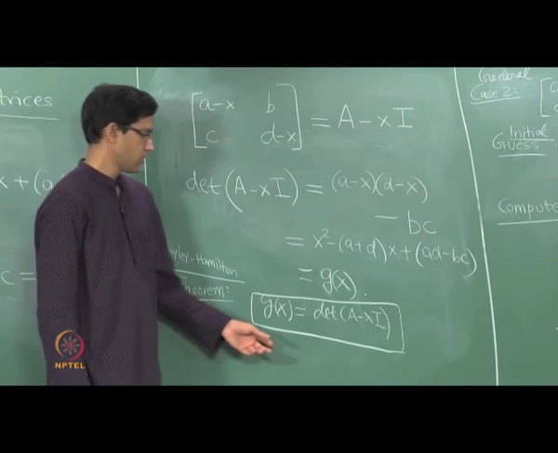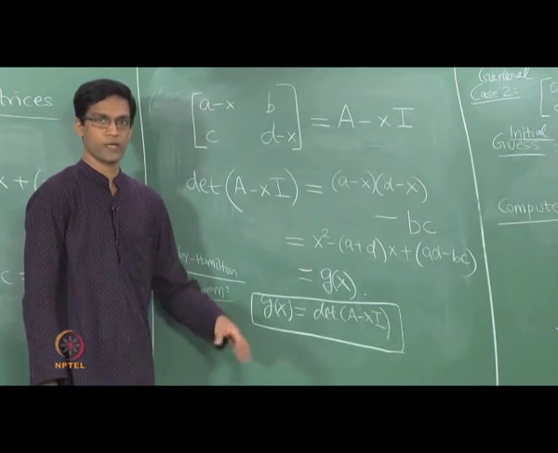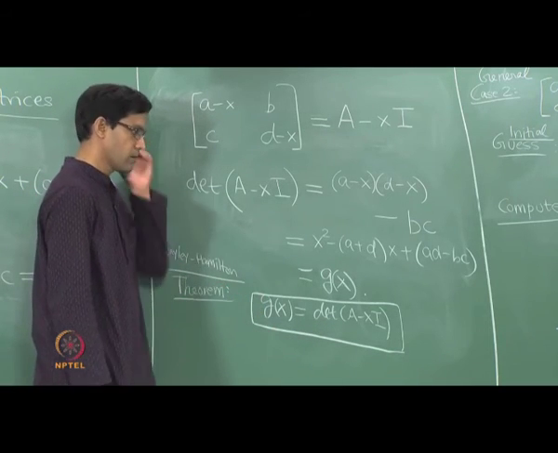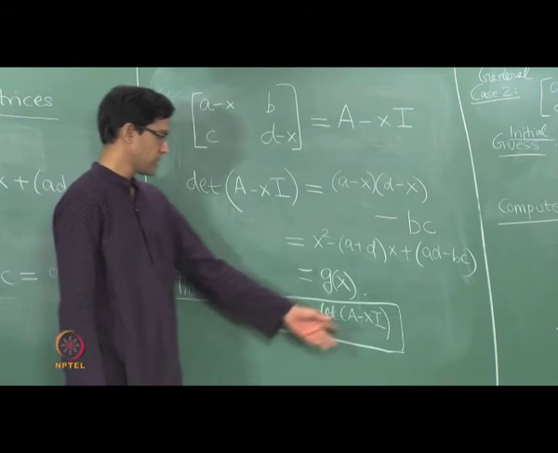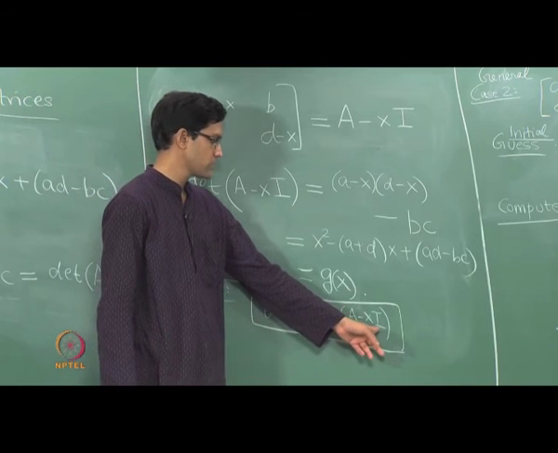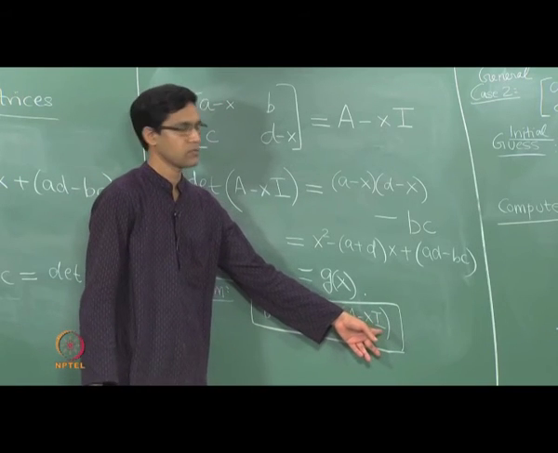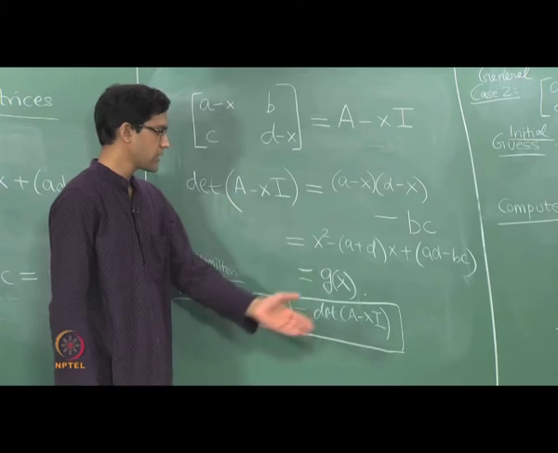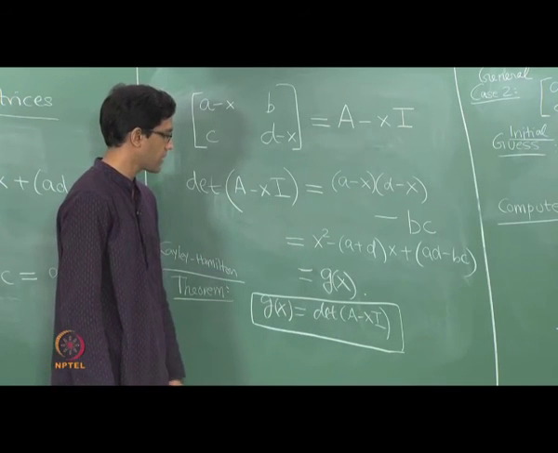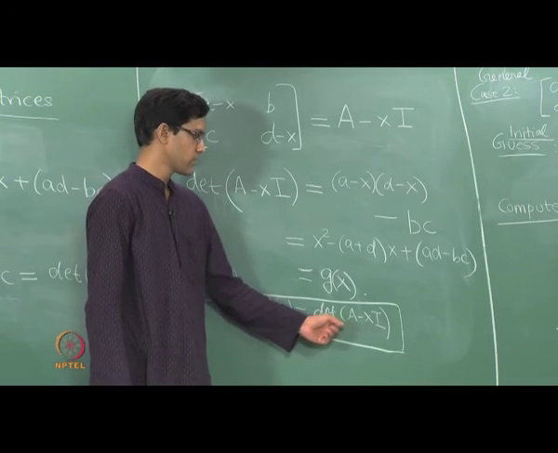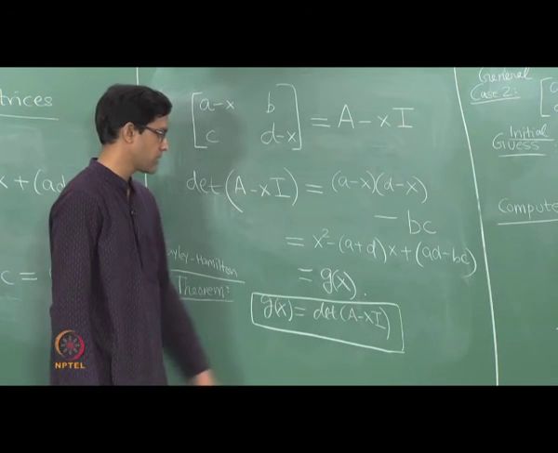So in general, what the Cayley-Hamilton theorem says is, no matter what matrix A you take, it could be of any size, n cross n for instance, from that matrix you subtract off x times the corresponding identity matrix. Which means x must be subtracted from all the diagonal entries, and then you take the determinant of the resulting matrix.